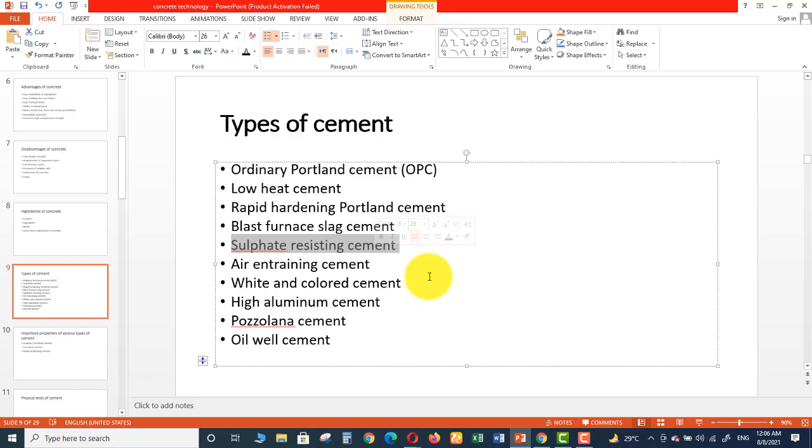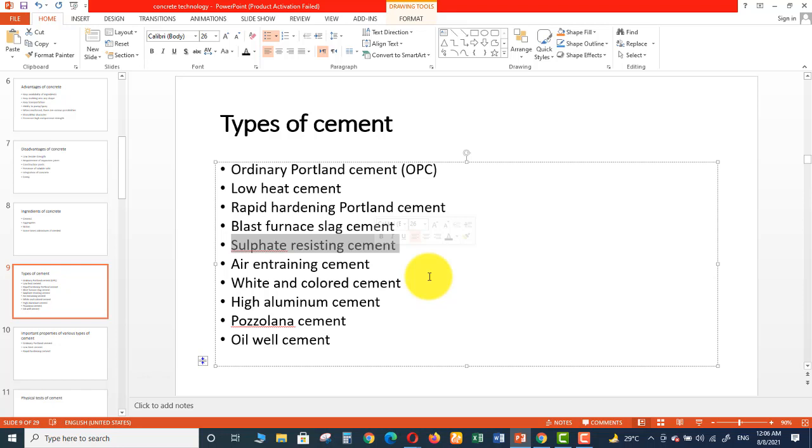And sulfate resisting cement is used in structures which are likely to be damaged by severe alkaline conditions, such as canal lining and culverts. So like side drains, wherever there is some sort of connection with water, where there is availability of alkalinity, or where the structure can be damaged by the presence of alkalis.